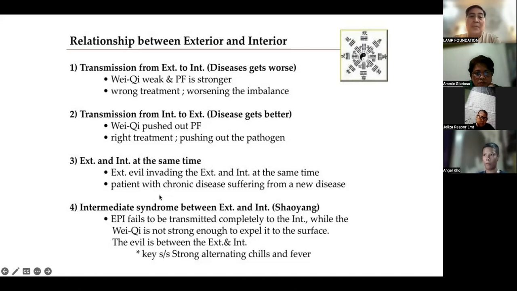So what about transmission from interior to exterior? That means the disease gets better. So based on the tongue, Ma'am Ami, what are you going to expect to see? How will you know na yung interior dati naging exterior na? Are you going to have a thicker coat?